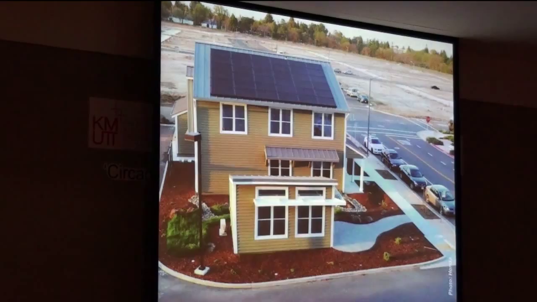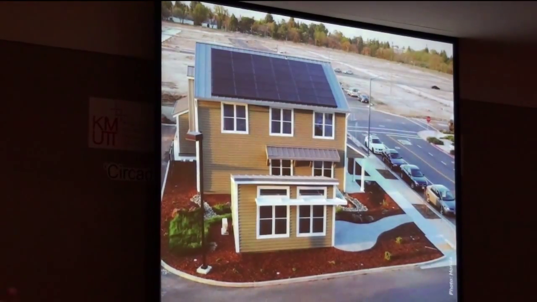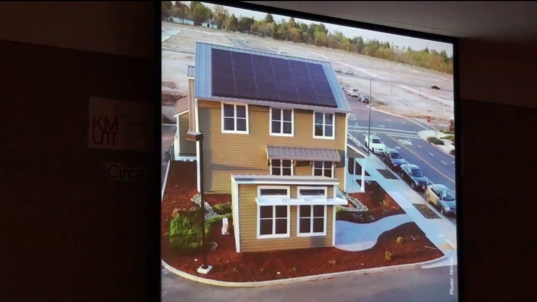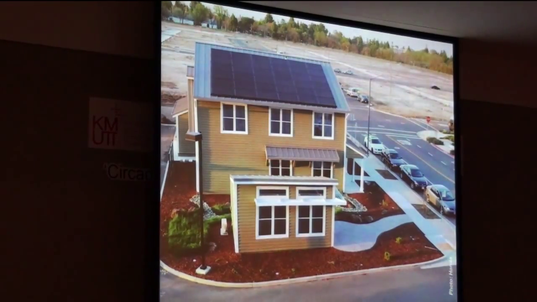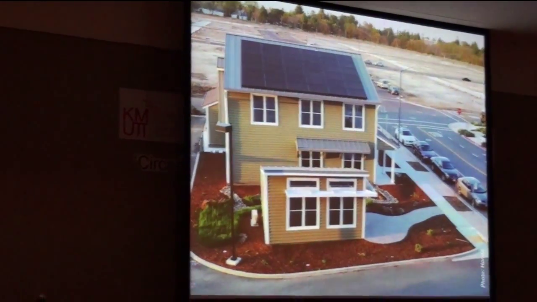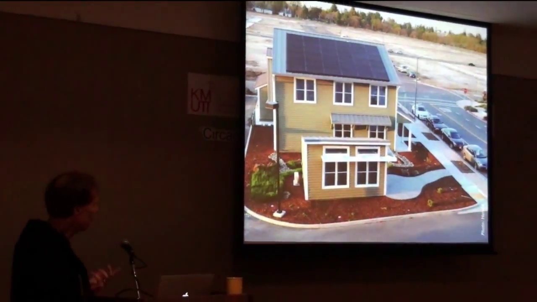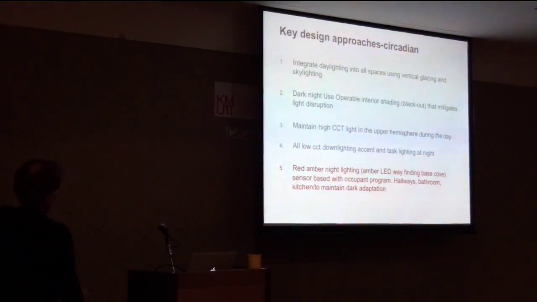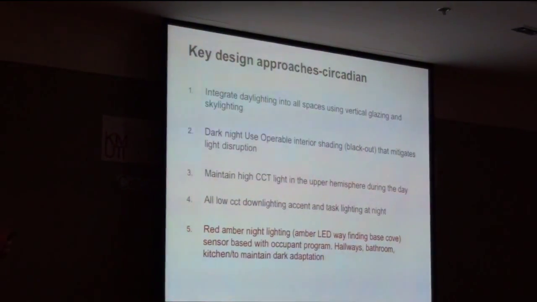But the idea was to explore circadian design on this, which would help us learn about some of the basic issues and then move these issues into healthcare. So this isn't the most attractive house in the world, but it's the best house in the world to live in because it's all circadian house and it supports wellness. So we got to experiment with a lot of these different issues. I'm not going to go through all the different parameters here.